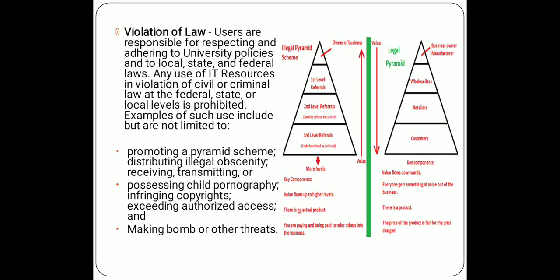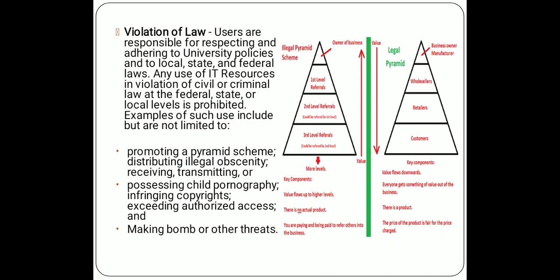Violation of law. The users are responsible for following the law and respecting the university policy. In case of violation of law, promoting a pyramid scheme, possessing child pornography, and making a bomb are different kinds of violations of law.